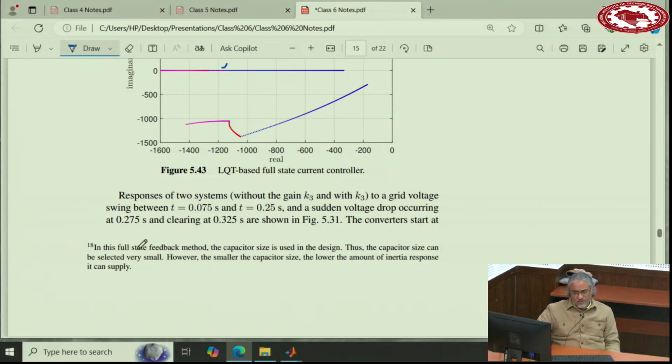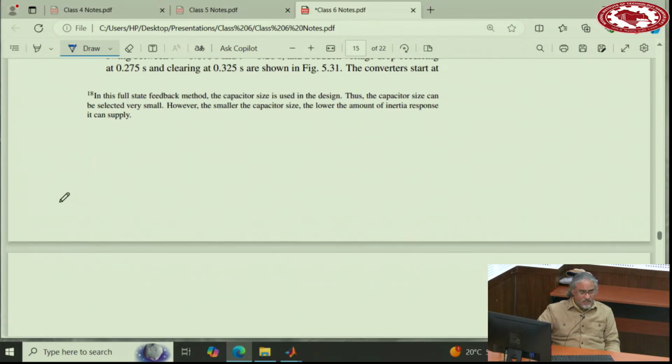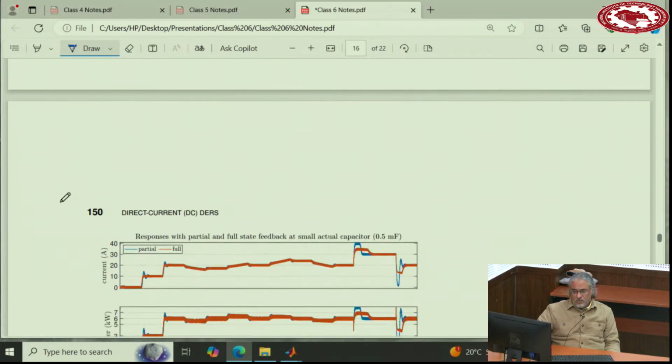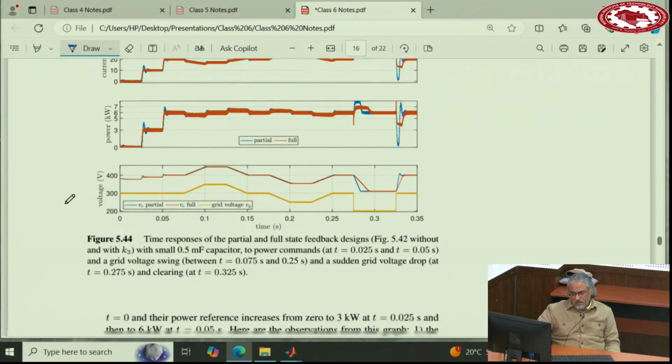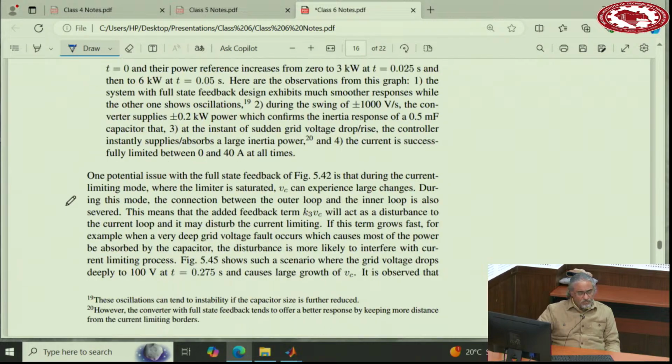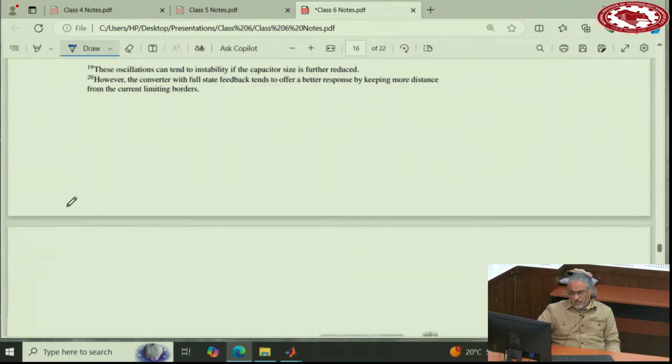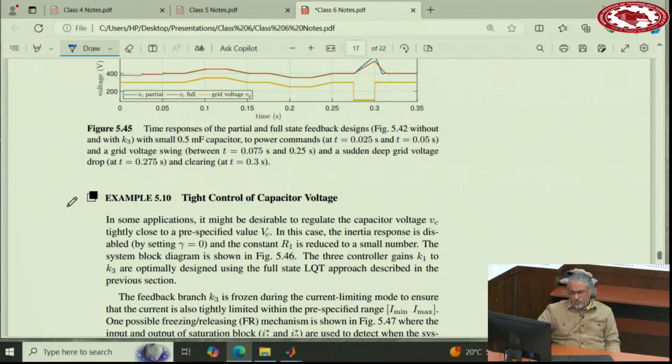Some people in converters, even in AC, still support the idea that they are not convinced to provide inertia by their converter. In this case, you need to tightly control the capacitor voltage, using the same controller that we had here.